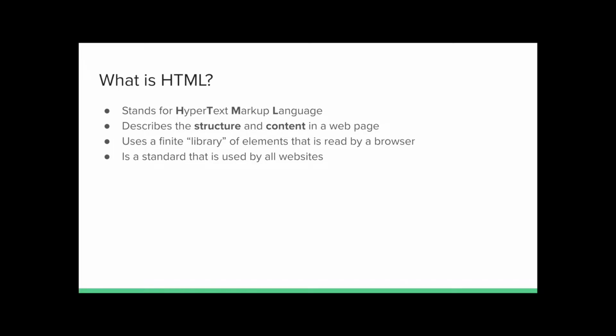So let's start with what HTML is. It is an acronym for Hypertext Markup Language. And the reason why that's important is that it's not a programming language. It's a markup language.